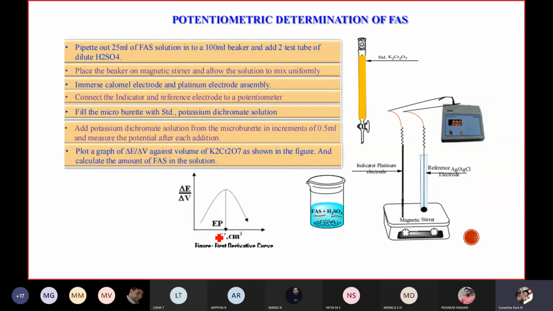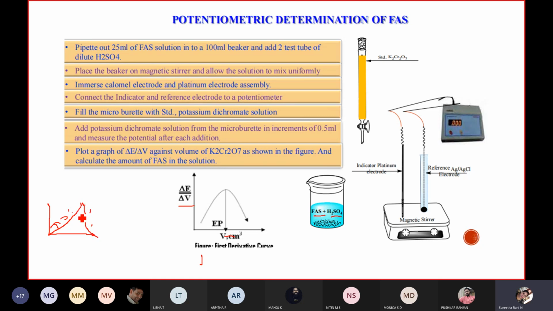Volume of potassium dichromate is on the x-axis and del E by del V is on the y-axis. Once you plot the points and join them, you'll get a sudden increase, an inverted U shape.